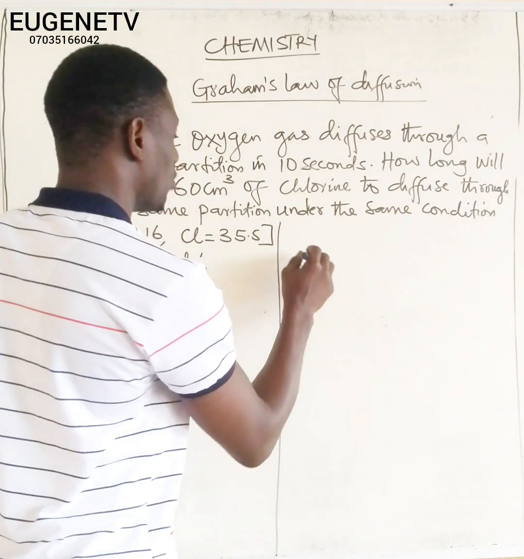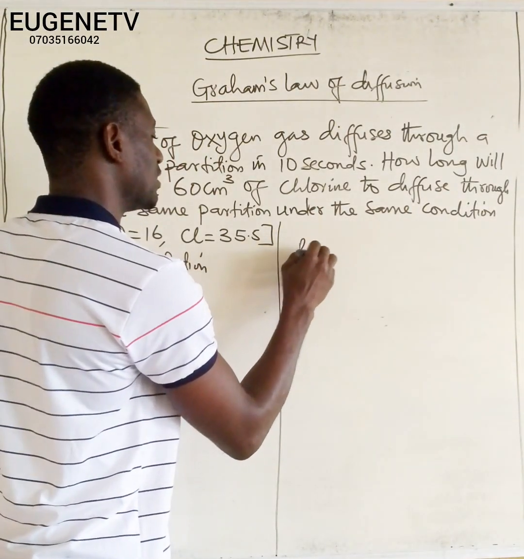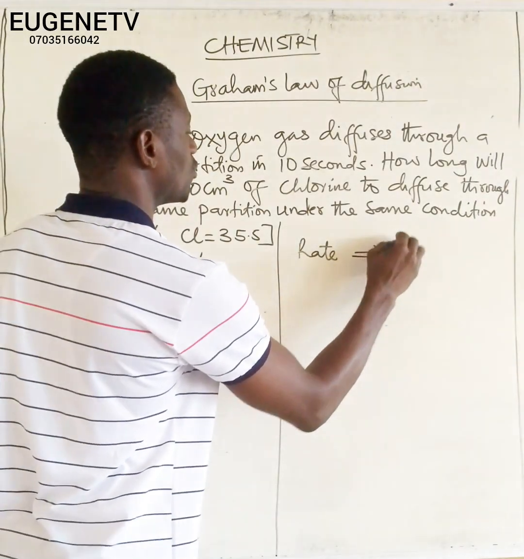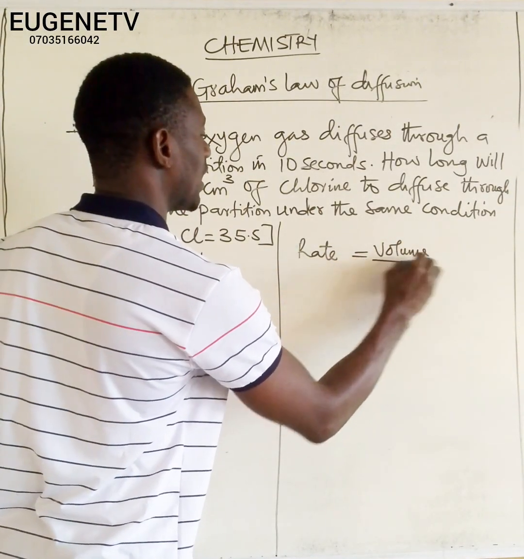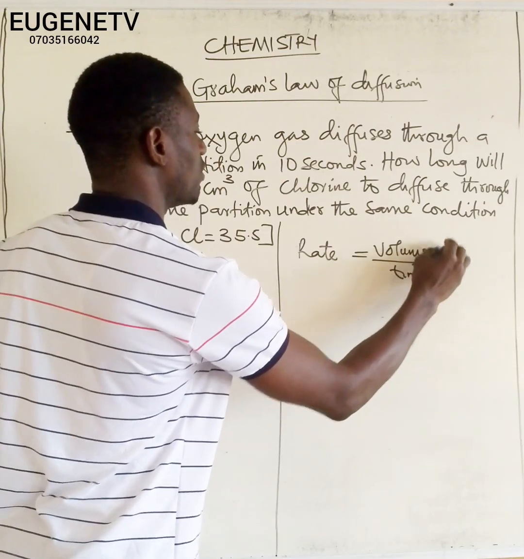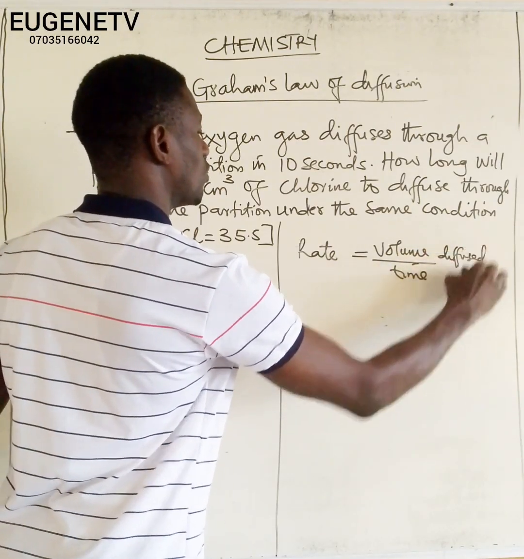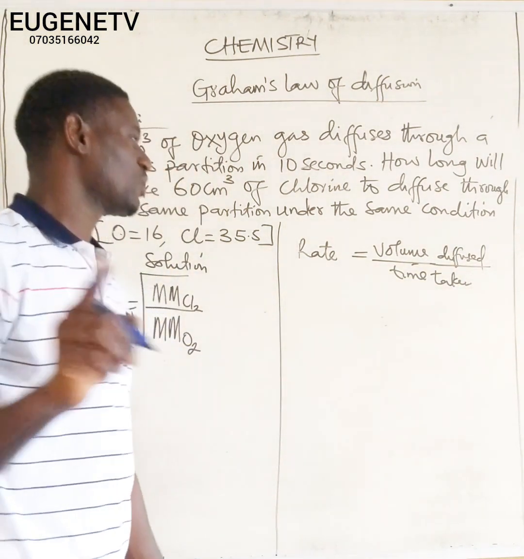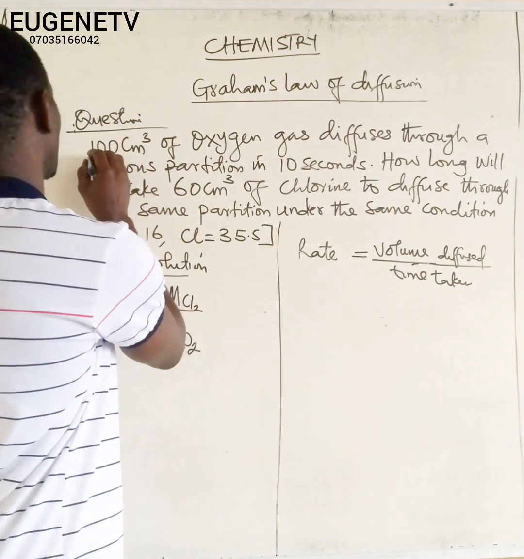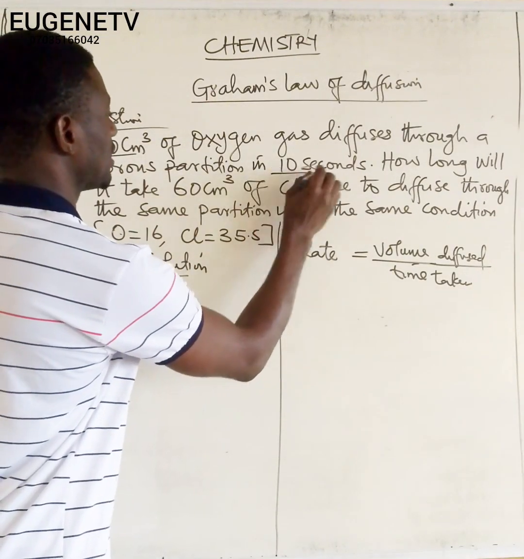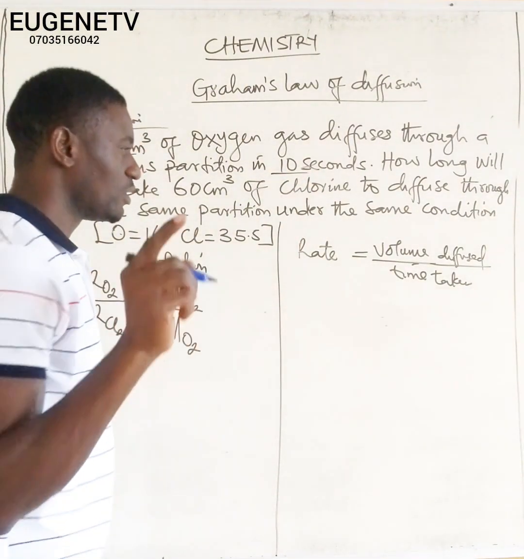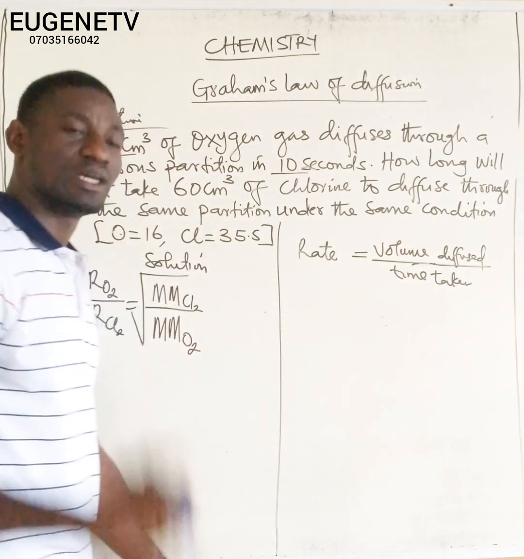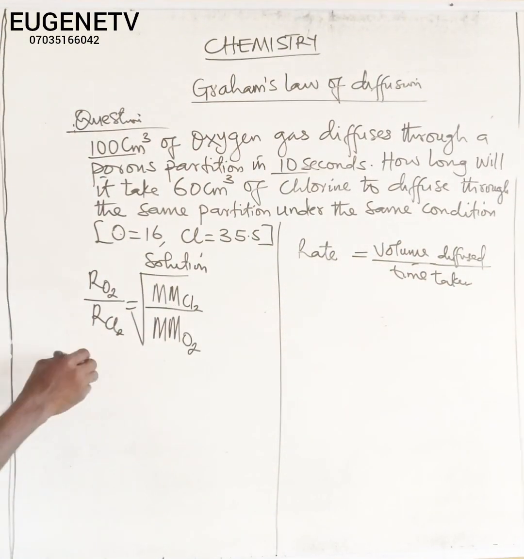Be reminded that anytime you are given volume and time, you just simply say that rate is equal to volume diffused all over time taken. That is the volume of the gas that diffused over the time it takes for the diffusion to take place. So whenever we are given volume, like in the case of this question, volume 100 here, and of course time in 10 seconds, how do you determine your rate? You just simply take the volume of the gas that diffused divided by the time it takes for diffusion to occur.